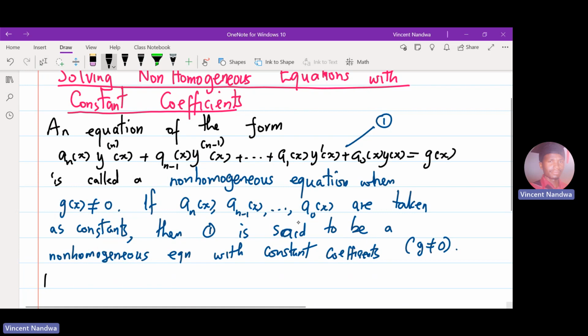So let's define a particular solution to such an equation.